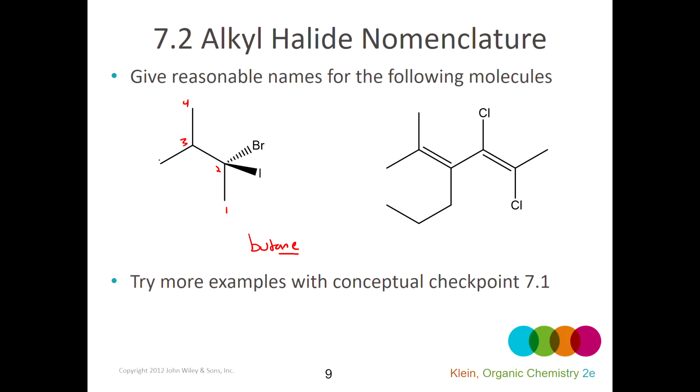I've got a methyl on 3, an iodo on 2, and a bromo on 2. So alphabetically, it would be 2-bromo, B comes before I, which comes before M, so 2-iodo, and then 3-methylbutane.